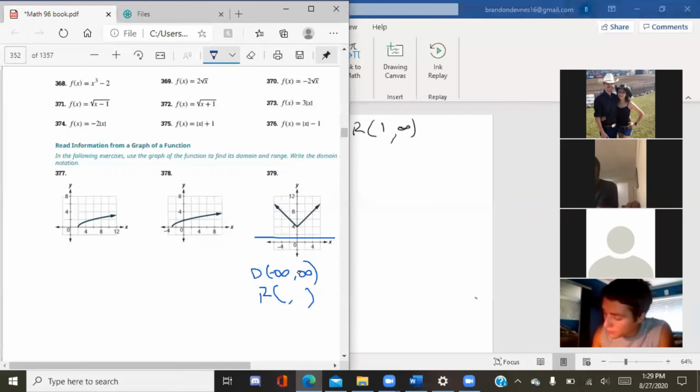Okay. And then the range is 4 and then infinity, because it keeps going up on both sides. But doesn't the domain start at 0? No, because the arrows go as far left and they just keep going in both directions. I see.